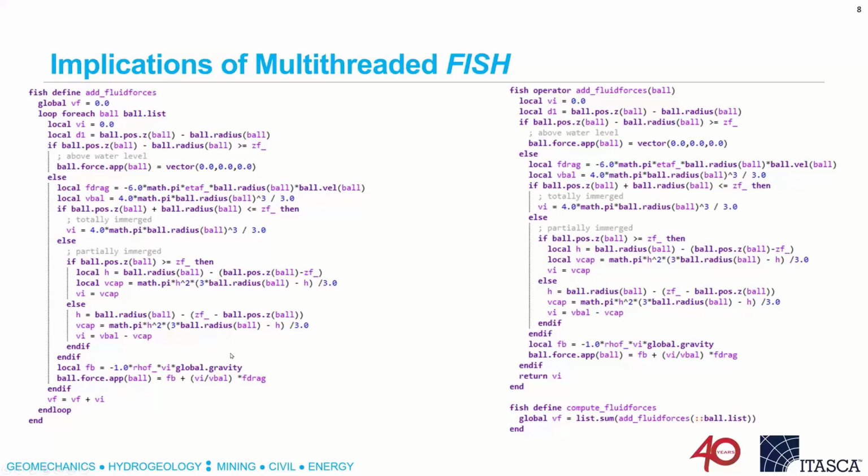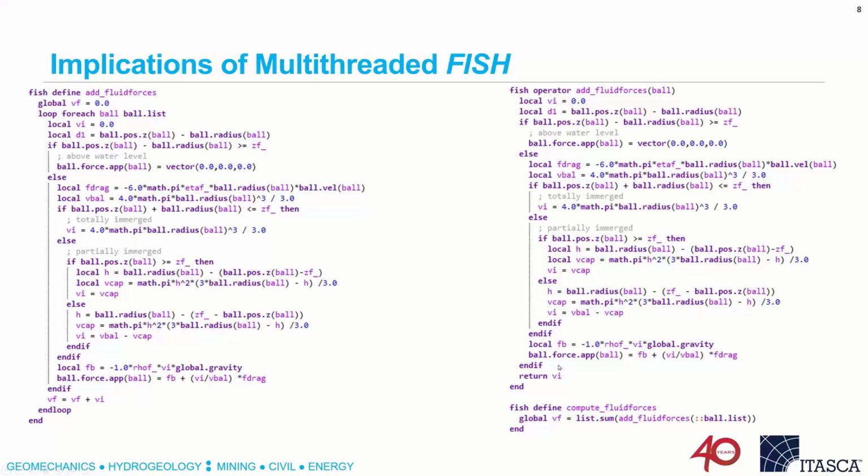With very small effort, this can be replaced by an operator. So the operator directly operates on one element of the list. So you don't have the loop anymore in this operator, but you do the same computation. And in the end, you return the volume emerged by that ball. So we add the forces, we do the same computation.